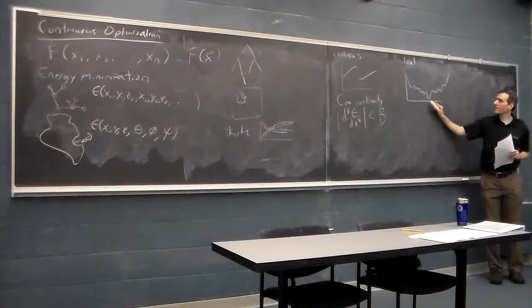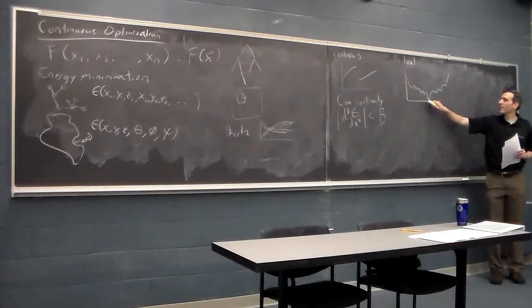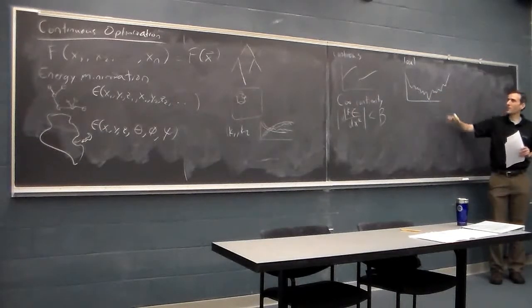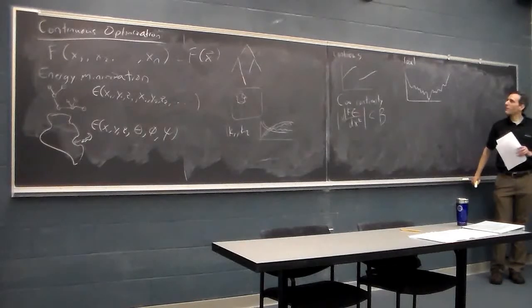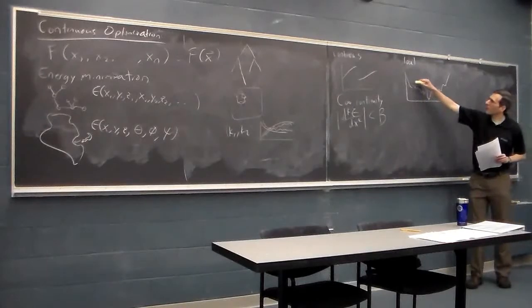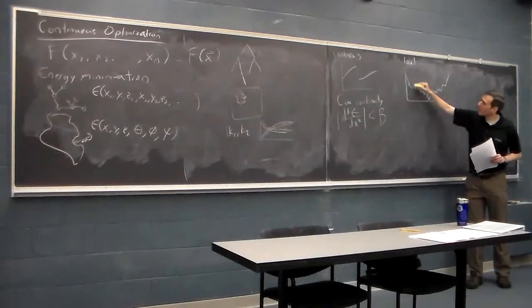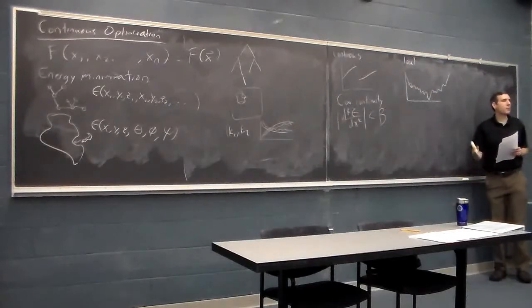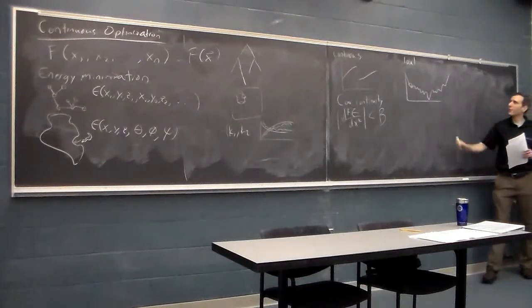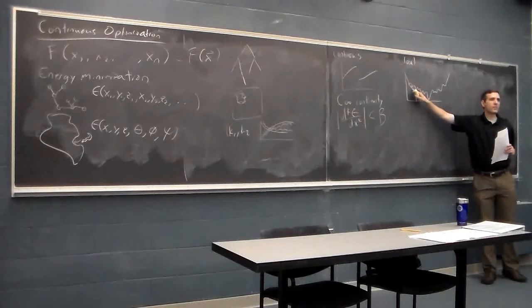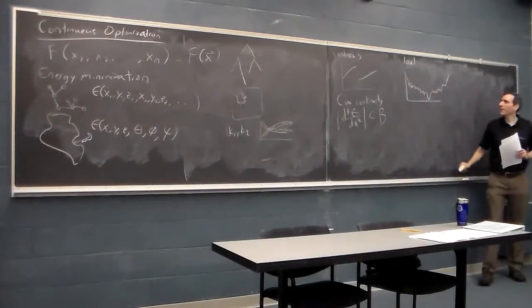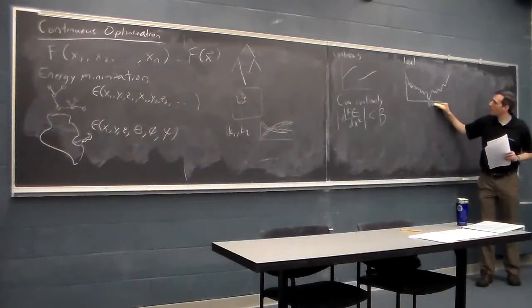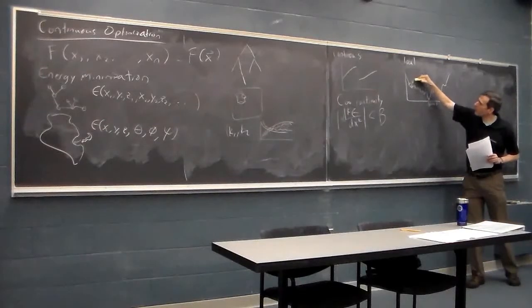We're trying to find, in a global optimization case, specifically this point where the function goes to a minimum. But very often with a continuous optimization problem, the best you can really do is, if you're given some starting point, you can figure out the nearest local optimum. The nearest optimum you can get to where no infinitesimal changes in the parameters can improve on that. So this would be a global optimum. This would be a local optimum.